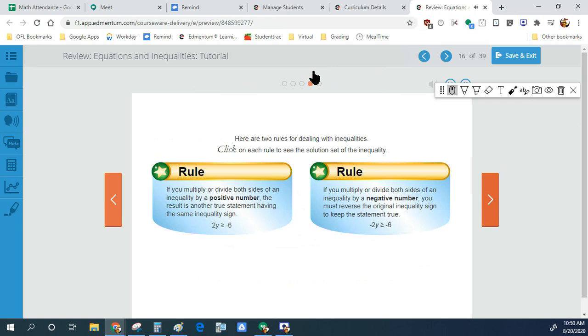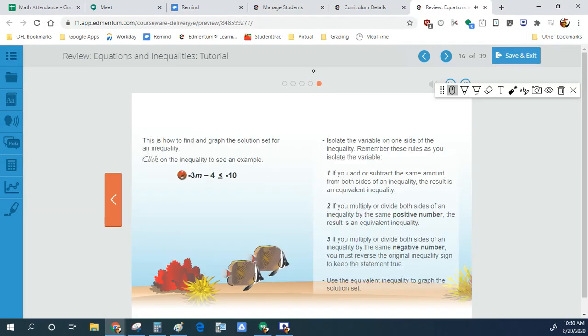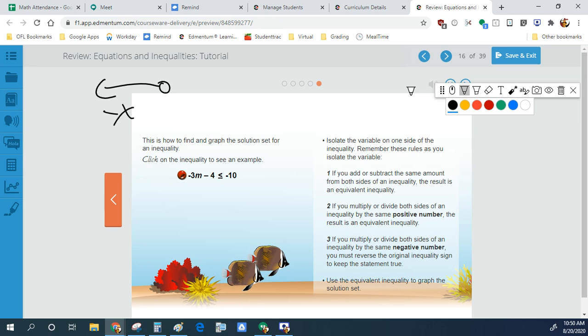All right, and here's that rule. If we divide by a negative, we're going to change that sign in the middle. And they're going to go over it in detail here. Think of it this way: if you're talking about negative x's and something less than, you're going to go this way because we're talking about negative x's. But now we're talking about positive x's.